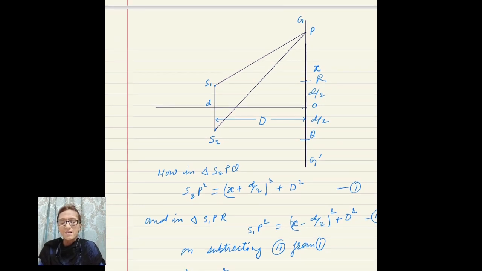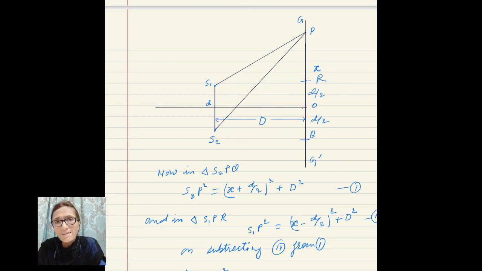Now here is a symbolic diagram to obtain an interference pattern due to light waves. Here you have 2 slits, slit 1 and slit 2, and the distance between the 2 slits is small d. Then you have a parallelly placed screen at a large distance, a little bit large distance, that I have called capital D. So this point, which is at the equatorial bisector, is equidistant from the sources.